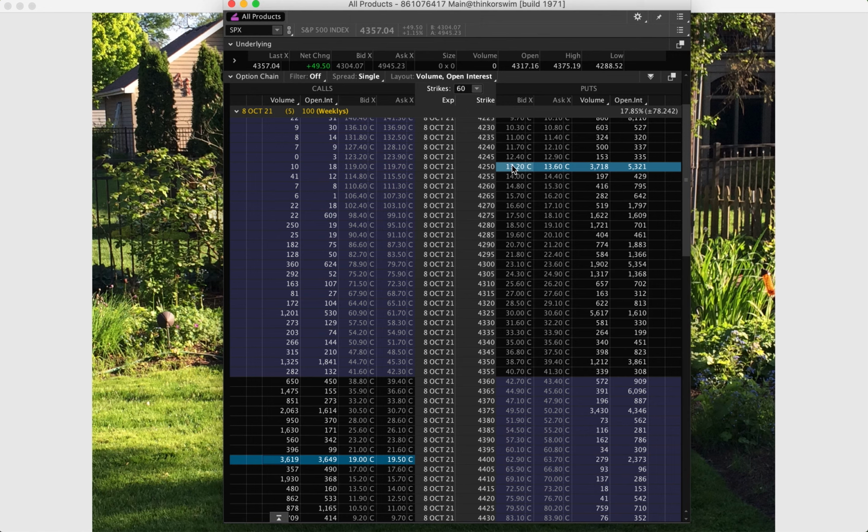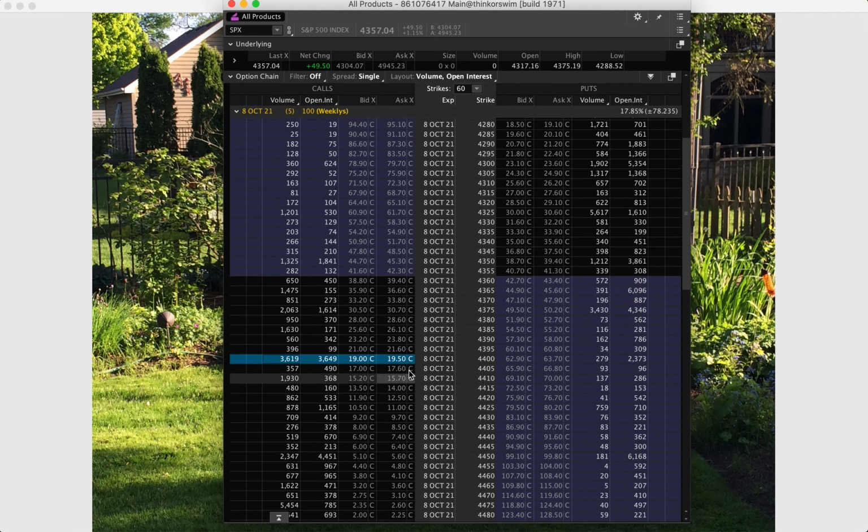I'm guessing that, since we closed Friday 20 points off of the high of the day, I bet these got down to the $11 window during the high of the day on Friday. So that's where I would start looking, is at the 42.50s. And if there's enough decay over the weekend that the $11 window is now up at the 42.75s, all the better. You want to always get in at the highest strike you can afford to get in at.